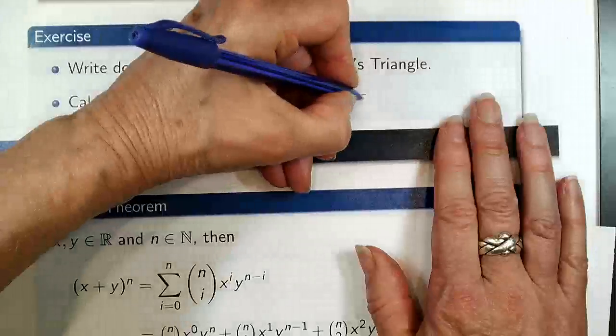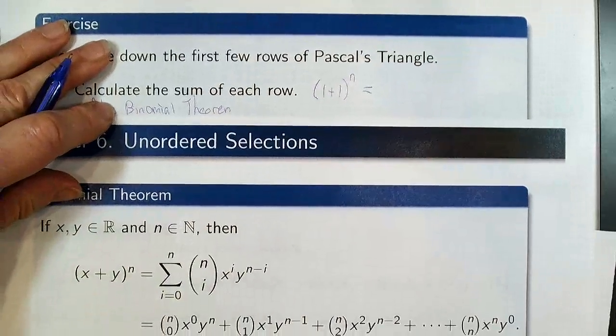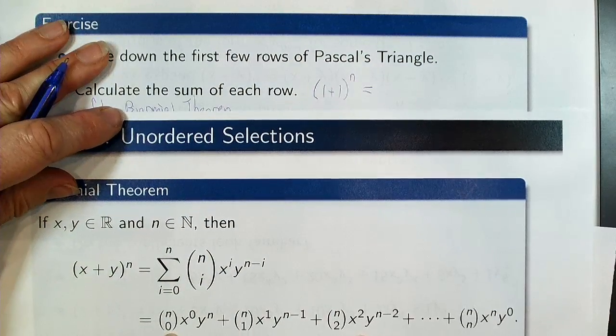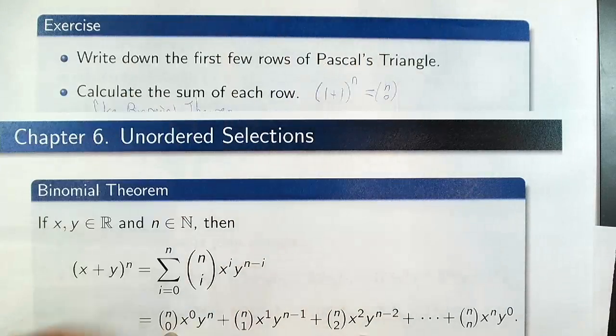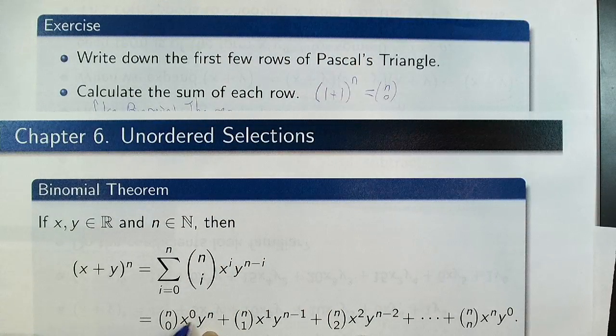Okay, so that equals, let's just skip to this way. It's n choose 0, 1 to the 0 times 1. As x and y are both 1, that term, it's just times 1, isn't it? So you don't see that.